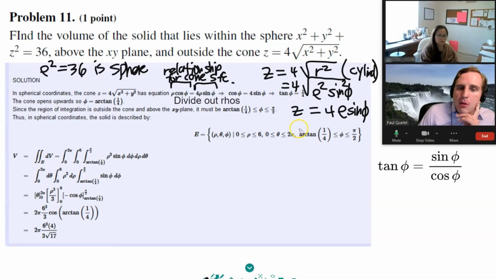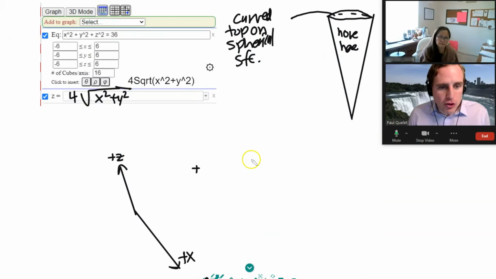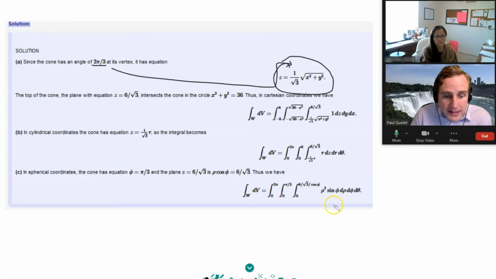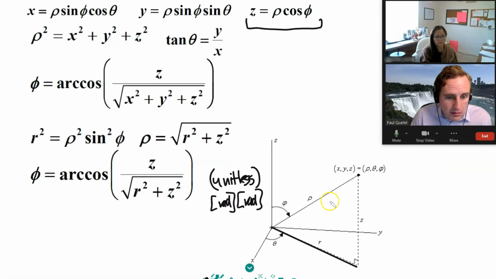Now let's have a think about what that really means. Remember we said last session that when you consider a cone, imagine this is the z-axis, right? And remember, this z-axis is just like this z-axis right here. Phi here is curved. It's the declination angle, right?